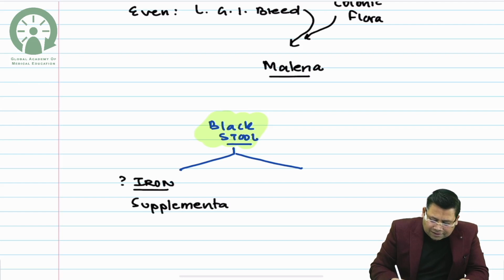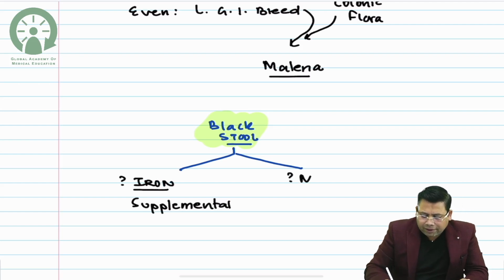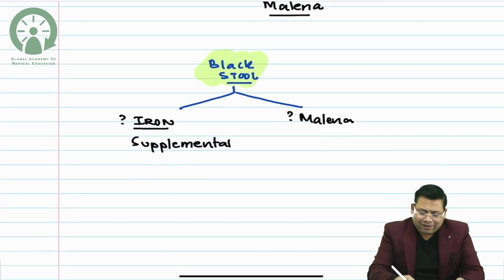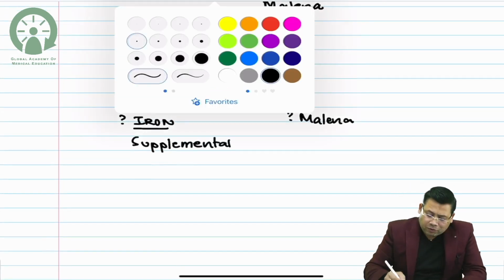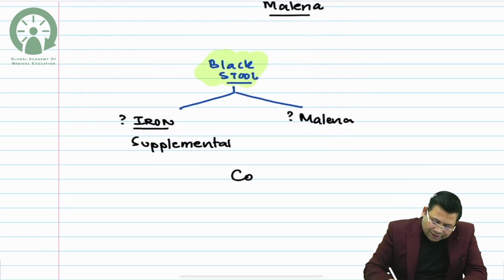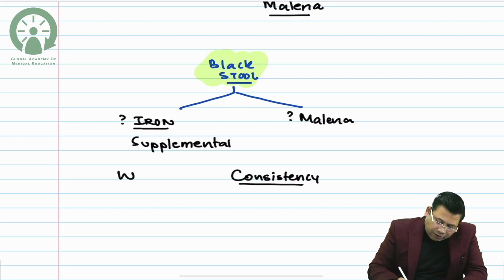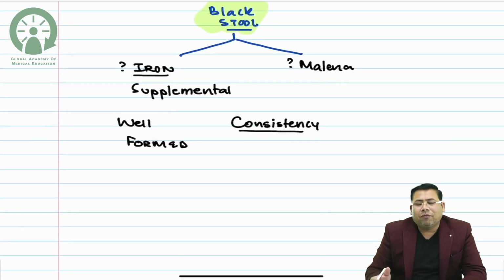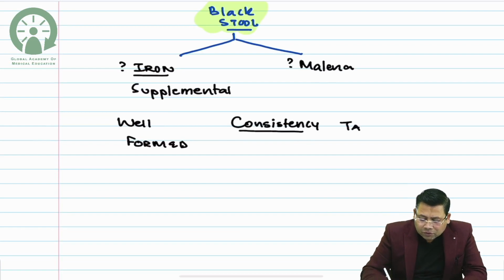The second thing is, yes sir, it could be melena. So when you talk about iron supplementation versus melena, how do you decide? The first thing that you need to understand is the consistency. This is very, very important. With iron supplementation, it is a well formed stool. Against that, when you talk about melena, what is present in melena? The stools are tarry, and of course foul smelling.